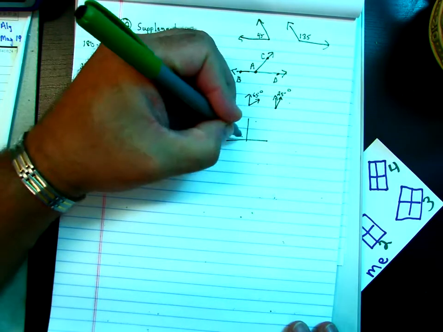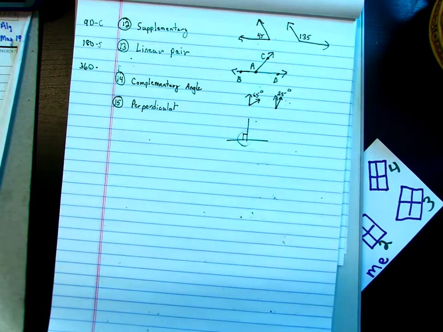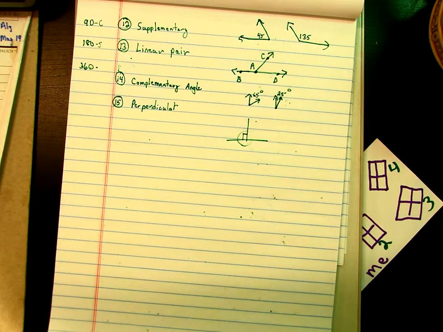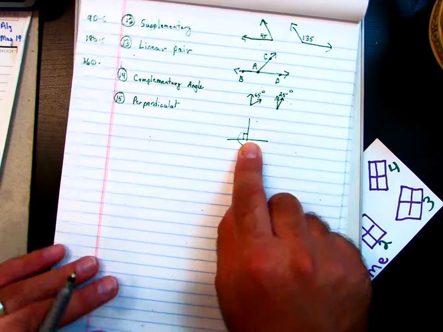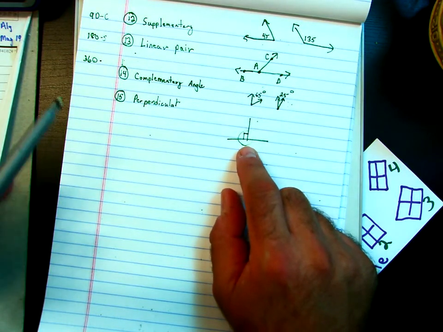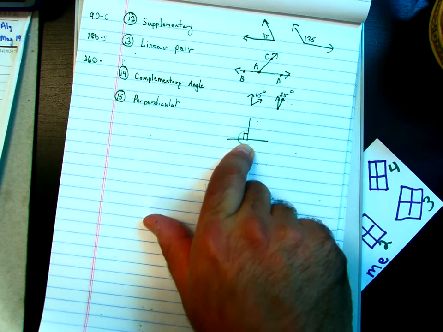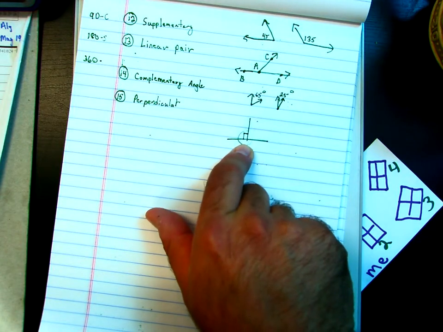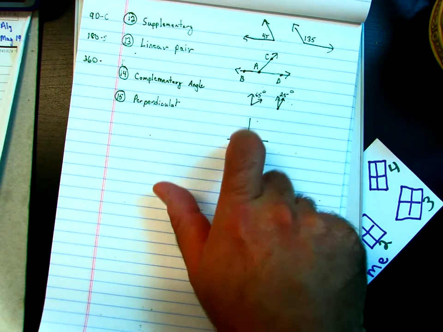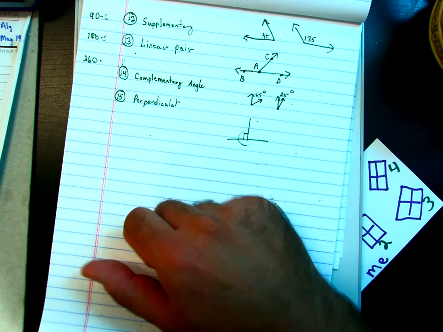Now, I will tell you that this is what makes it perpendicular. So it's important. Sometimes they give you two line segments are perpendicular, and they have purposely not put the right angle mark. So like I said, geometry is all about redrawing the picture and putting in the marks that are supposed to be there because they don't always put them there. Okay, perpendicular. Two lines or segments that touch at a right angle.